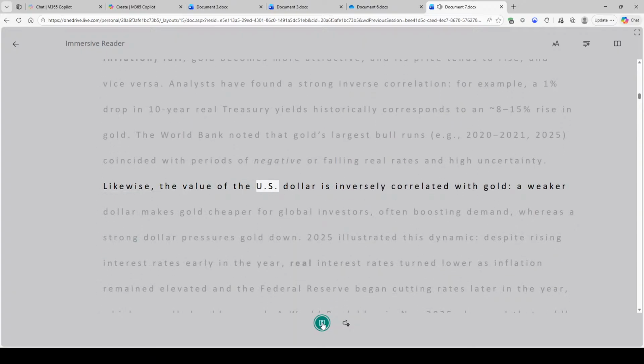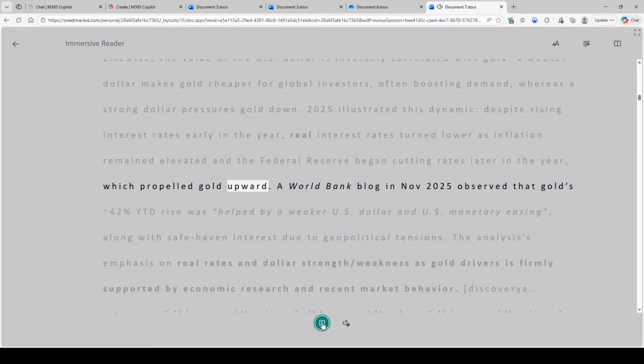Likewise, the value of the US dollar is inversely correlated with gold. A weaker dollar makes gold cheaper for global investors, often boosting demand, whereas a strong dollar pressures gold down. 2025 illustrated this dynamic. Despite rising interest rates early in the year, real interest rates turned lower as inflation remained elevated and the Federal Reserve began cutting rates later in the year, which propelled gold upward.